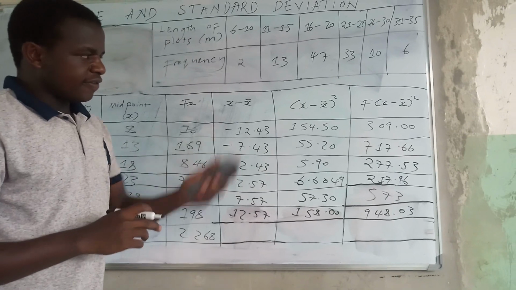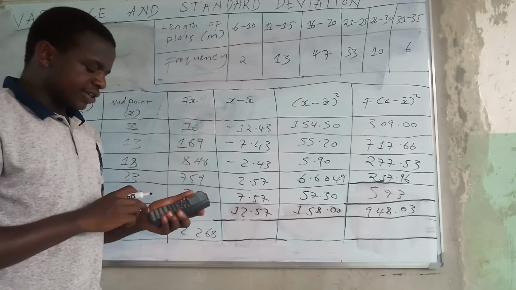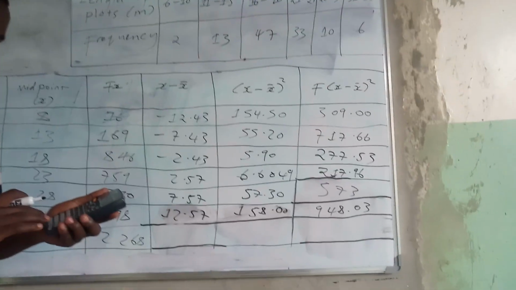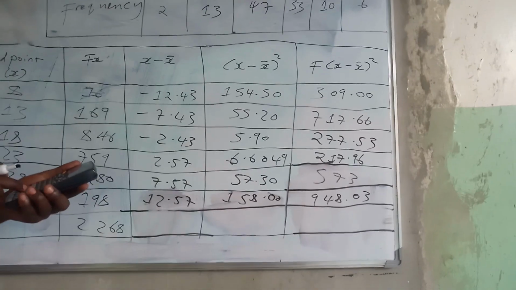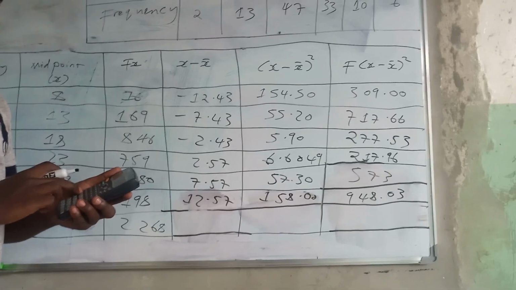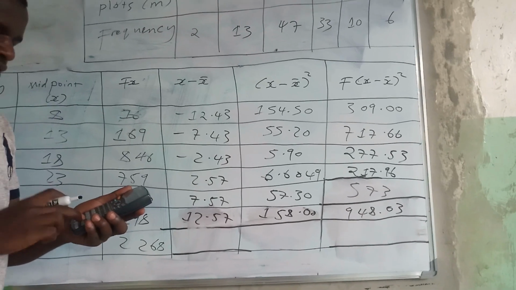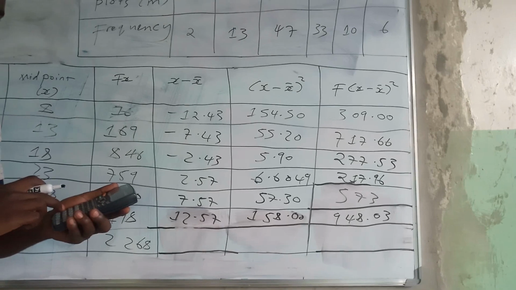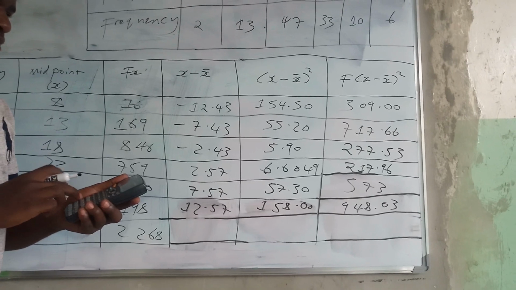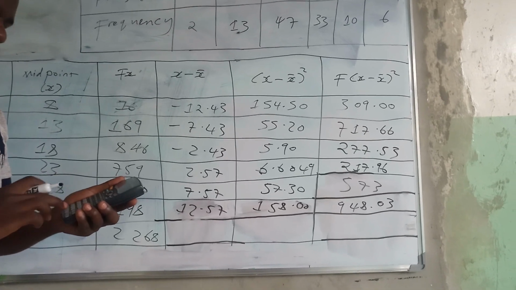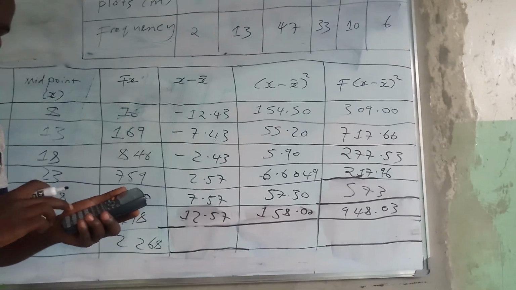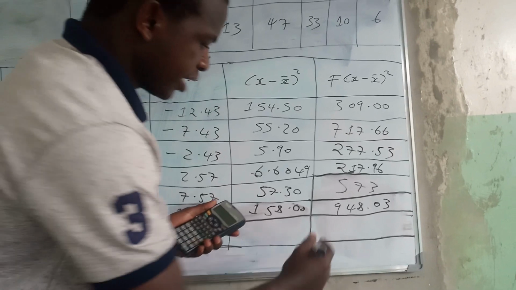The first number, 309.00, plus 717.66, plus 277.53, plus 217.96, plus 573, plus 948.03.